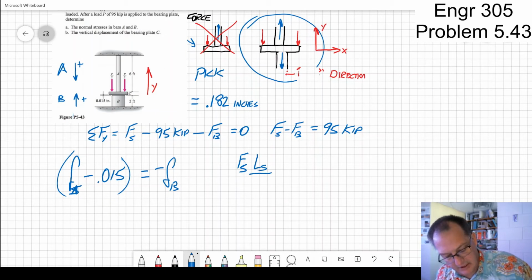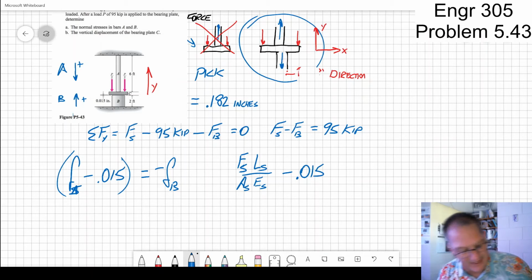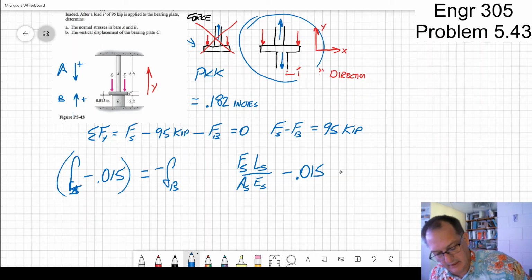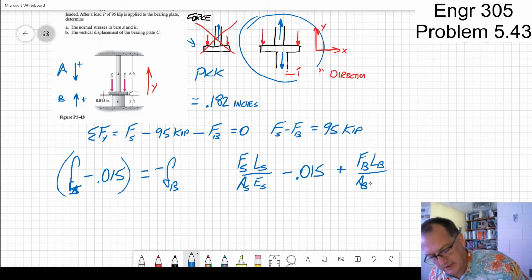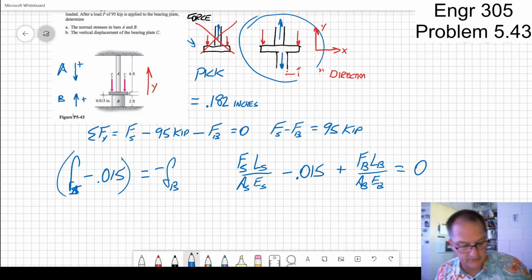FS, length of the steel, over area of the steel, Young's modulus for the steel, minus 0.015, and I'm going to move it to the other side because it's all going to make this easier. This is a plus delta B, which is force in the bronze, length of the bronze, divided by area of the bronze, Young's modulus for the bronze, is equal to 0.